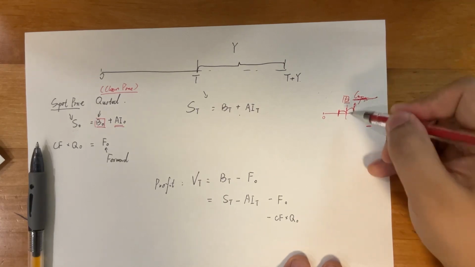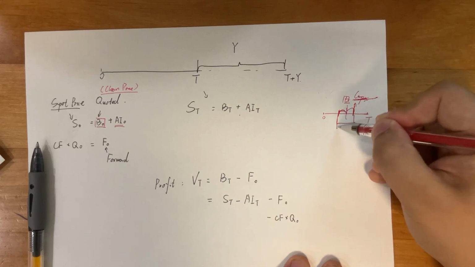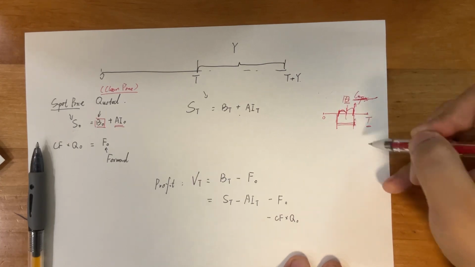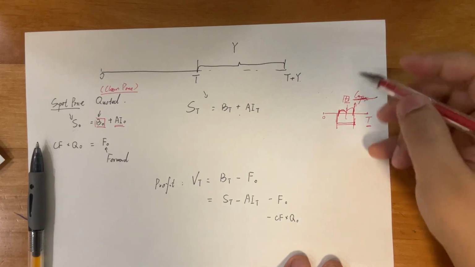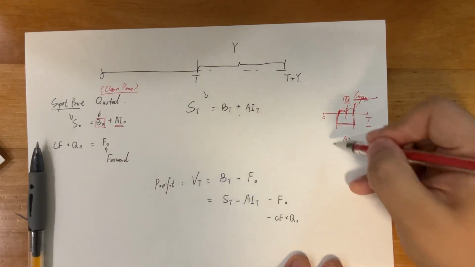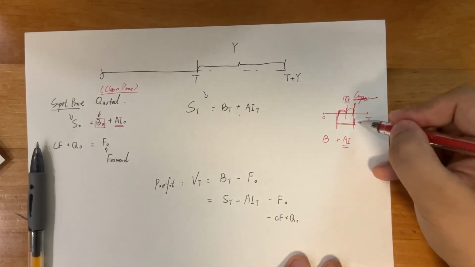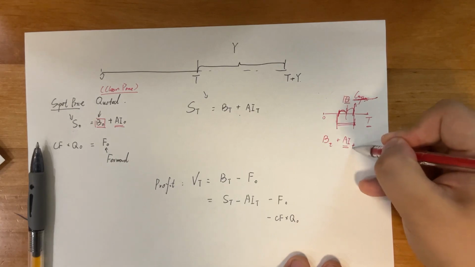You waited this time and it counts for a certain percentage of this time interval. So you got a specific accrued interest, and this interest should be added to the clean price of the bond. If it's time T, it should be at time T.